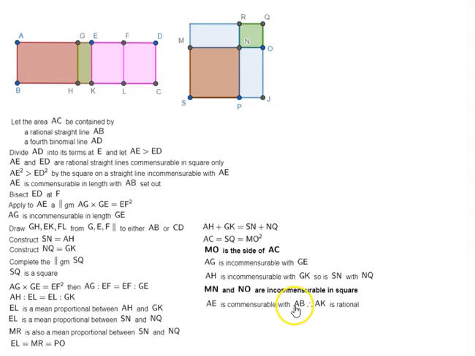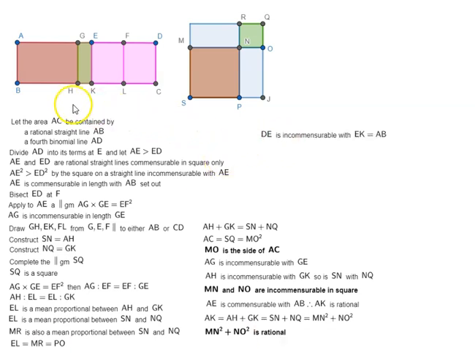Now, AE is commensurable in length with AB set out, which means the area contained by AE and AB is going to be rational. That area we can refer to as AK. AK is equal to AH plus GK, which is equal to SN plus NQ, which is equal to MN square plus NO square. So MN square plus NO square is also rational.